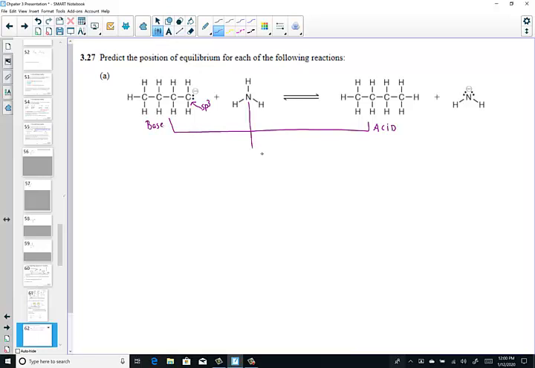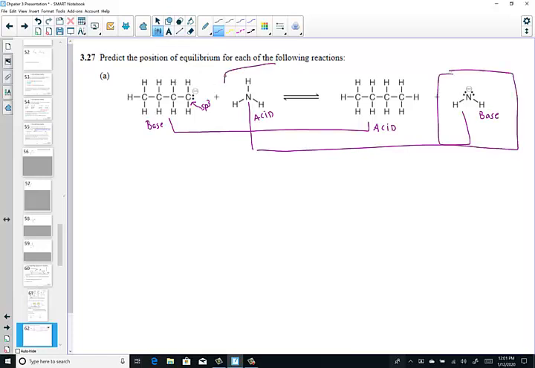That makes these two conjugate pairs. That means the one with more protons is the acid, and over here is its conjugate base. Look and find those bases and see which one is better stabilizing the negative charge.